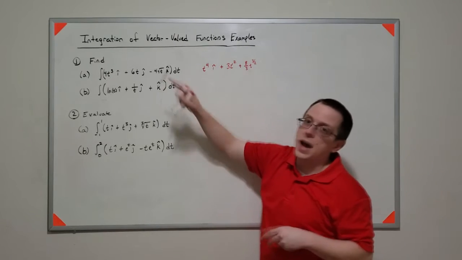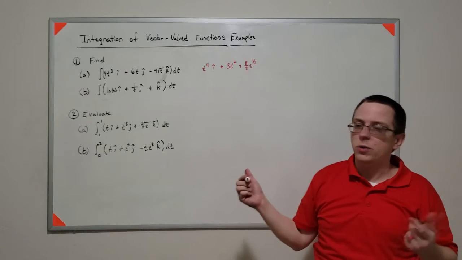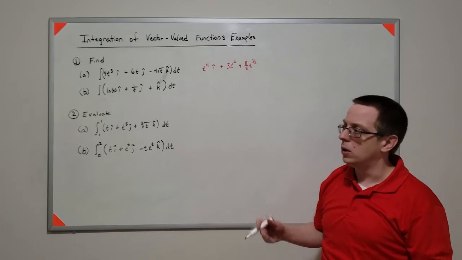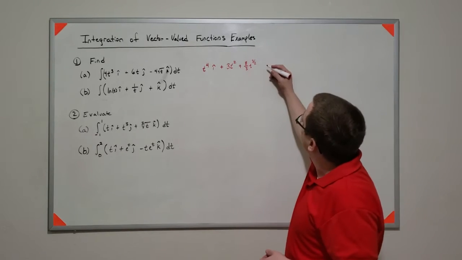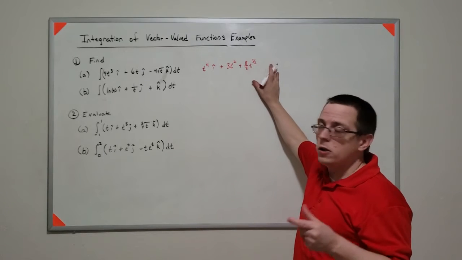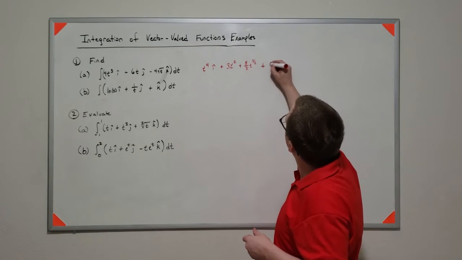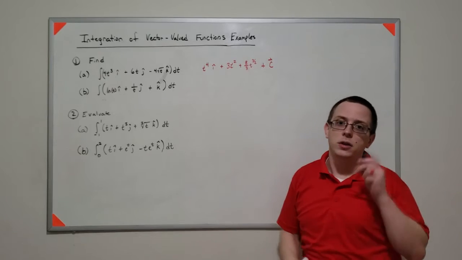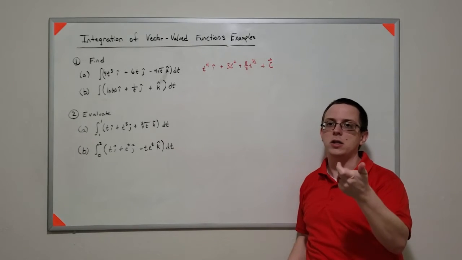Right? That's like t to the half, add 1, get 3/2, divide by the power, etc. So that's our parent antiderivative, and do not forget to add that constant vector.